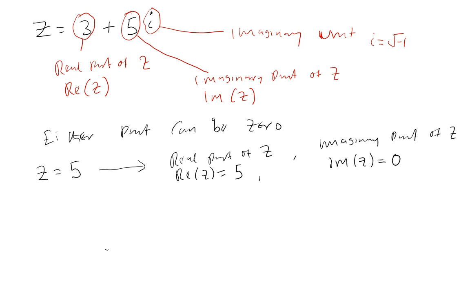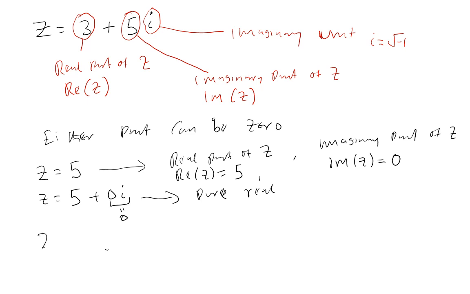So this number is just like z equals 5 plus 0i, and 0i is just 0. And we call this pure real. So pure real is just a real number, not added with an imaginary number.